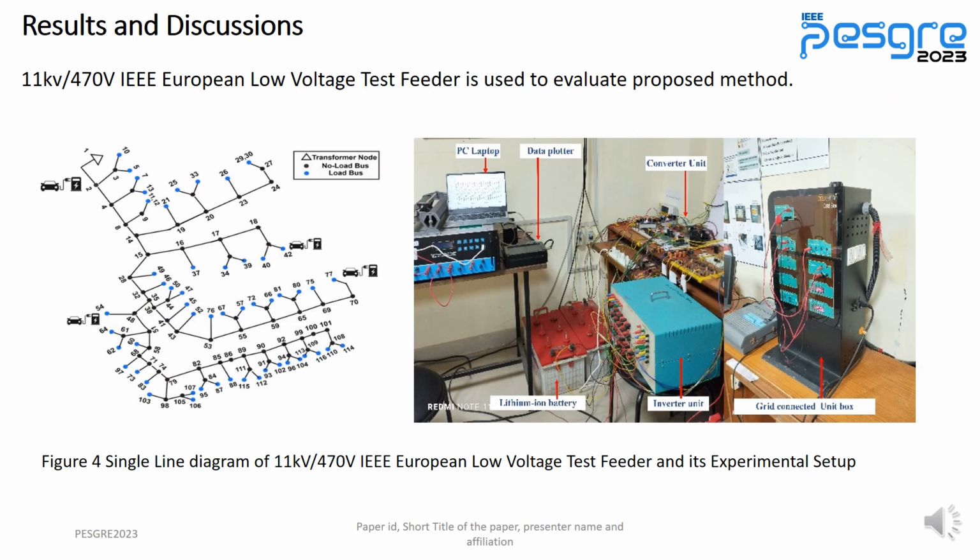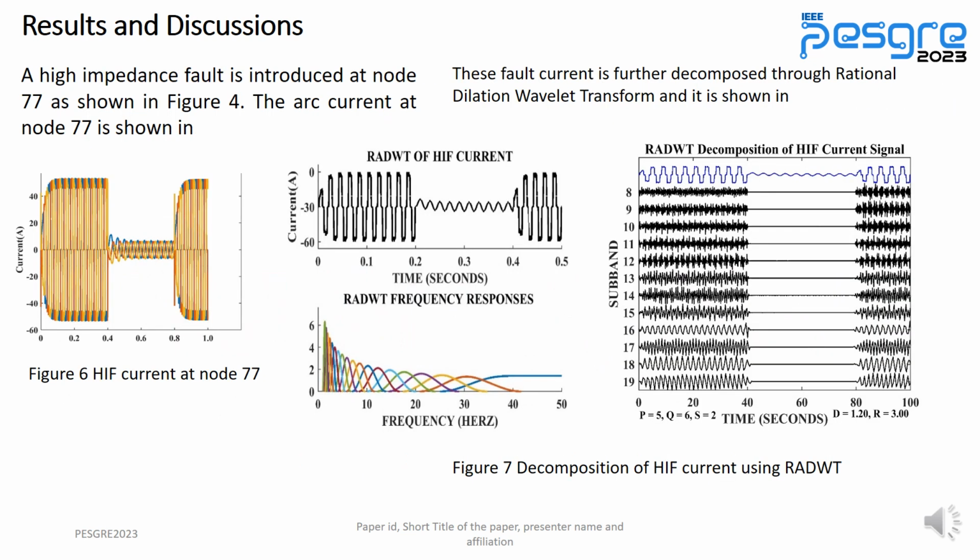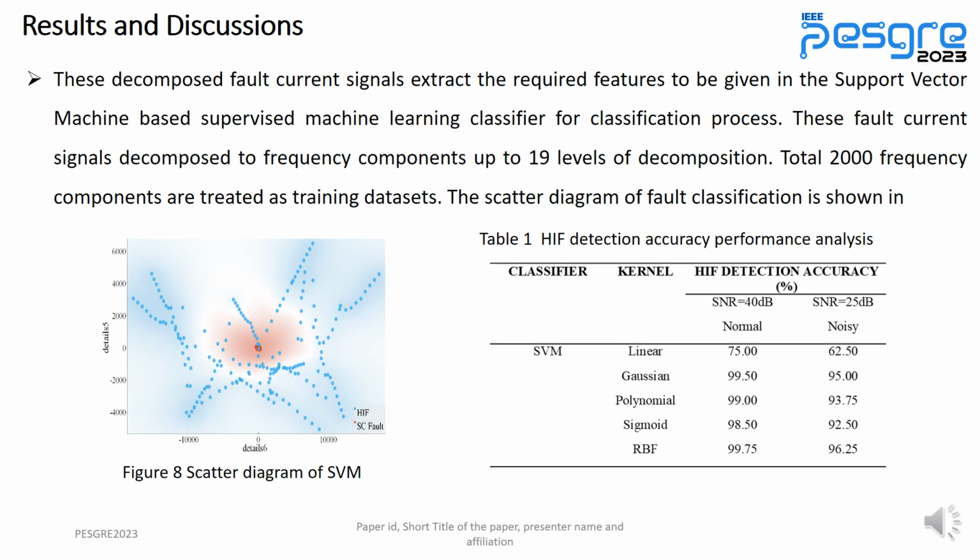Then you can clearly see in figure 4 the weekly load demand plot, which is simulated, and the weekly load and yearly load are also shown in figure number 7. We decomposed up to 9 levels.